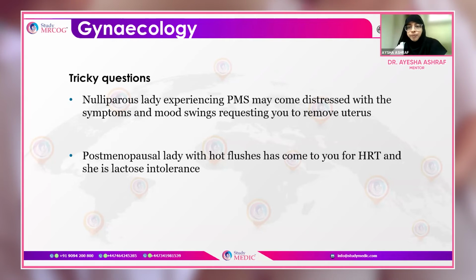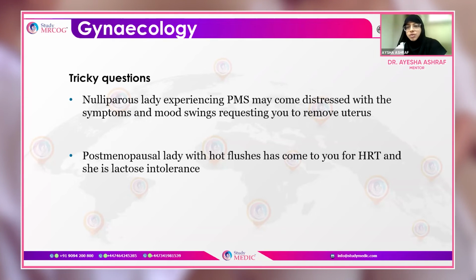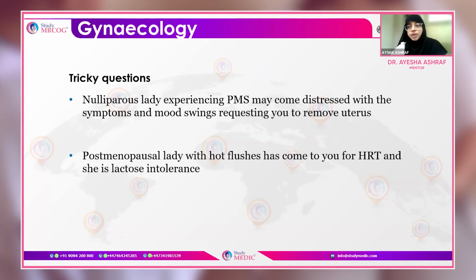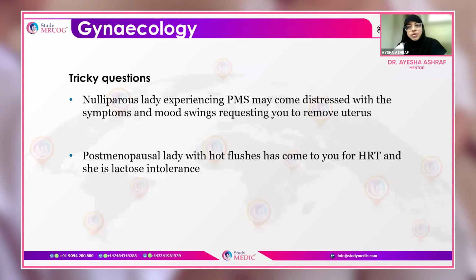Whenever she is telling you all her symptoms, you have to be very empathetic and say, yes, I can see that you are very distressed. I'll see how I can help you. May I ask you some questions? And she might not even listen to you, and she will be repeatedly telling you, remove my uterus, remove my uterus. So how do you go about this station?